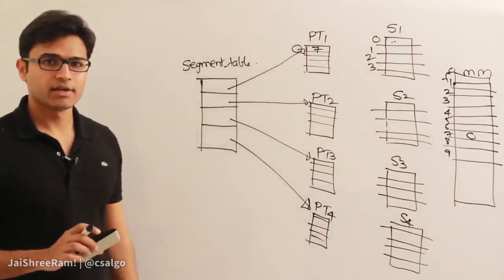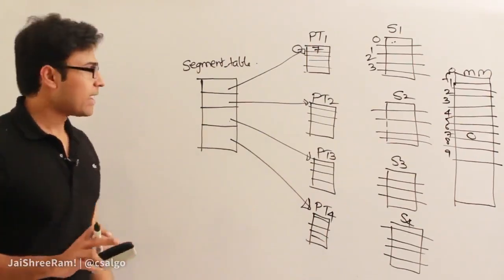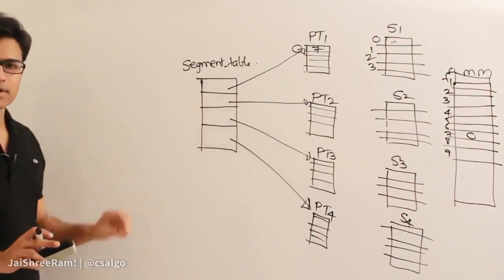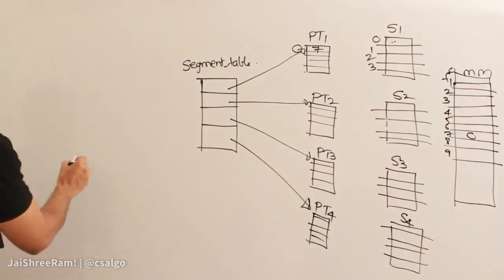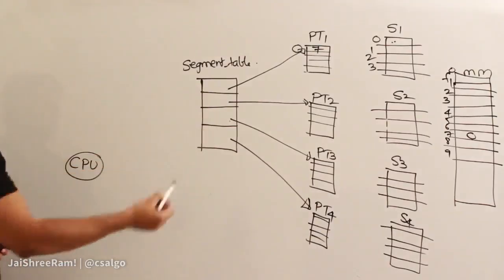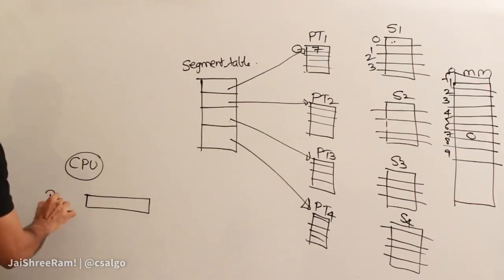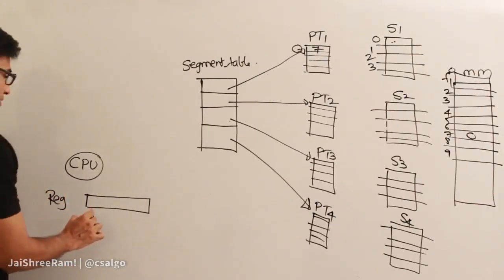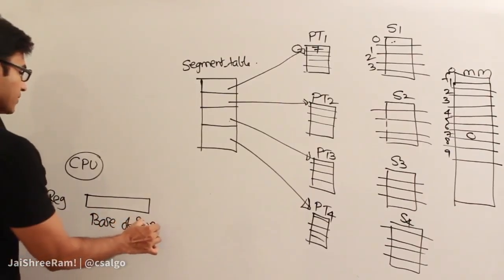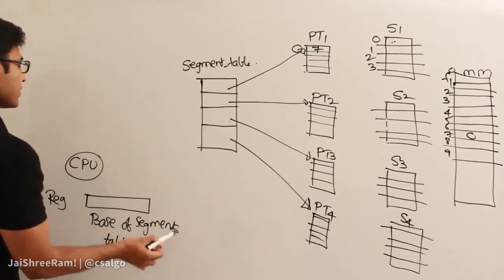Are you following it? It might look difficult, but once you practice it, it's going to be very, very easy. Okay? And now, even this segment table should also be present in a frame, isn't it? Yes, it will be present in a frame. Whenever the CPU is trying to run this process, in one of its registers it will contain the base of the segment table.